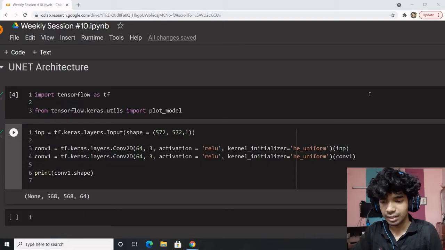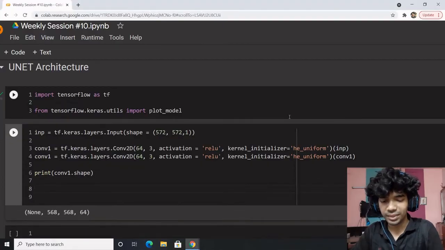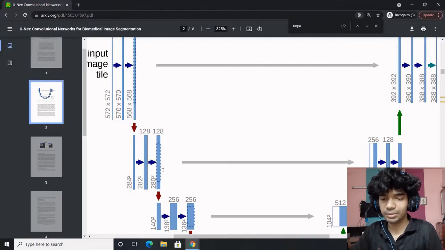So we need to now change the name. This would be convolution 2, which is obtained using the pooled output.